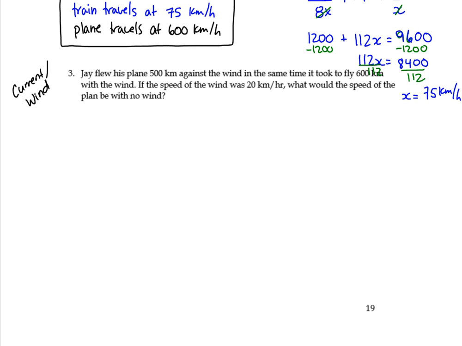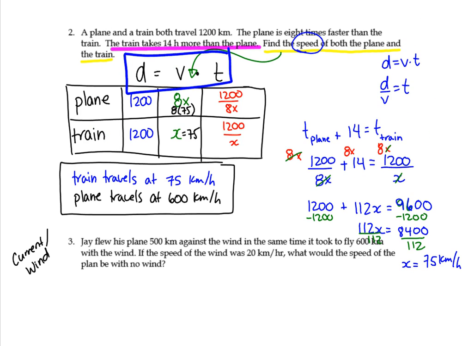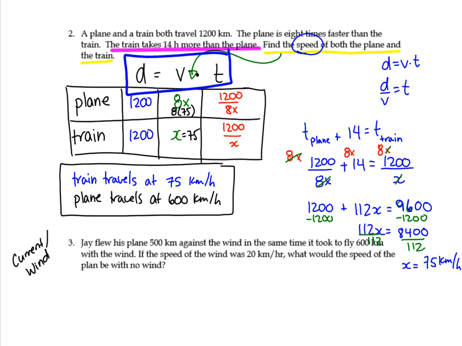What's the average speed of a plane? Oh, in this question? Because it was 8 times faster. So how did we get to 600? Because x was 75, so we knew x is 75.